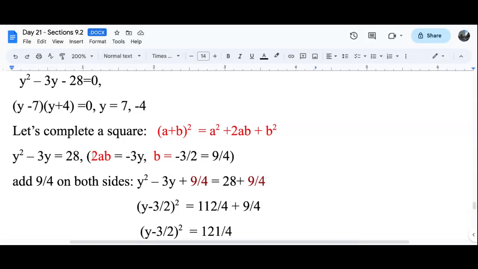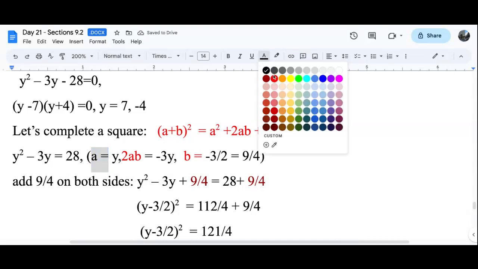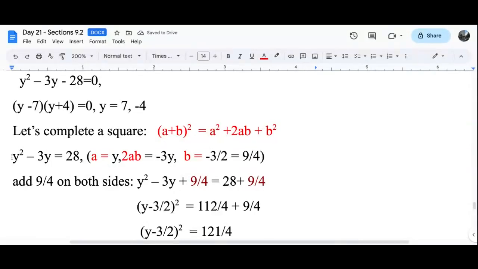For our case, a equals y. You see we have a squared, 2ab is negative 3y. So y is a, so that means 2b is negative 3. So hence b is negative 3 over 2.